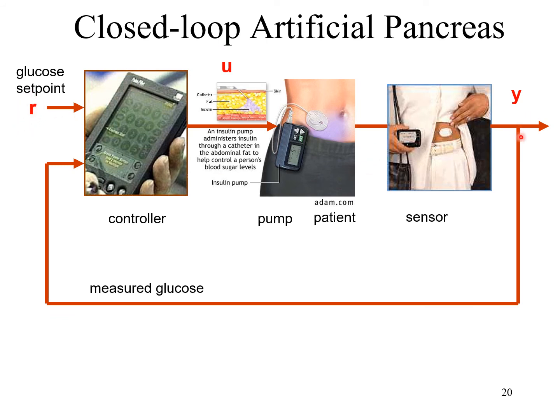So in feedback control, closed loop, we get the measurement from the output and go back to our set point, our reference. Remember that in process control we are always using the error. Based on the error between the set point and the measurement, it goes back to the system and determines whether enough insulin is pumped to the patient.